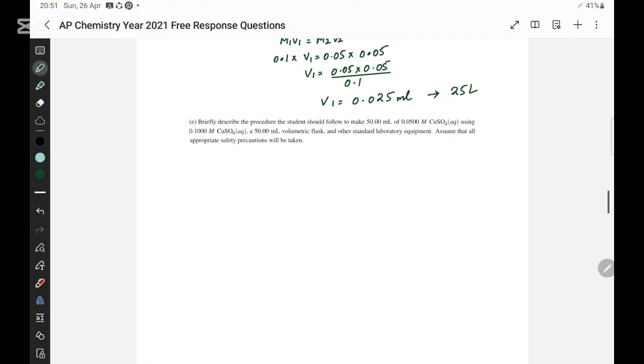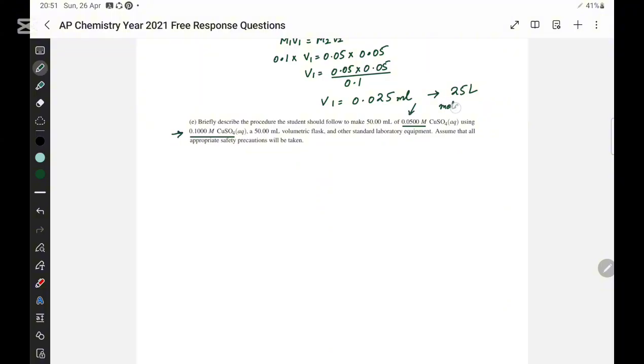Briefly describe the procedure the student should follow to make 50 milliliters of 0.05 molar copper sulfate using 0.1 molar copper sulfate. Basically you have to decrease the molarity, because it was 0.1 and it needs to be 0.05.